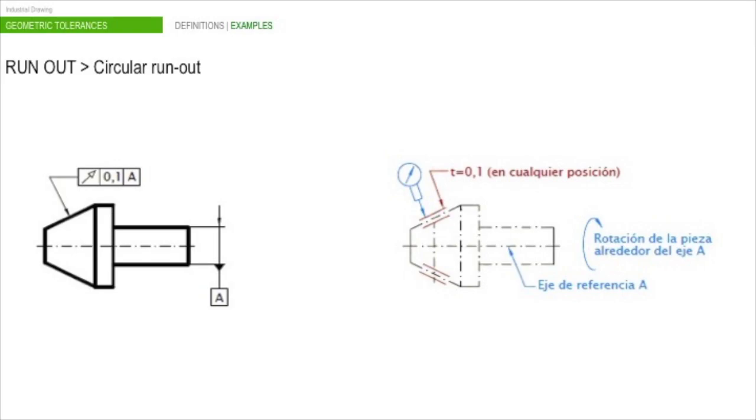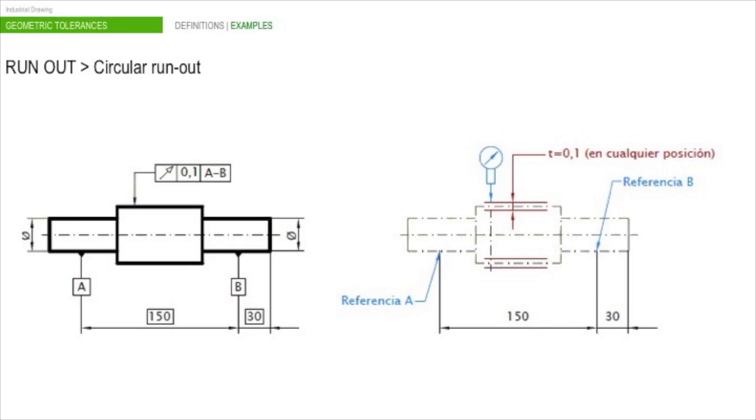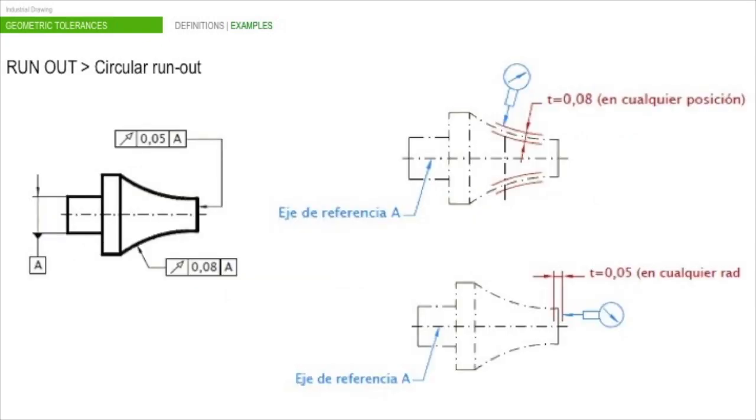Run-out tolerances control the relationship of a feature relative to a datum axis established from one diameter or two diameters separated axially. Circular run-out controls the cumulative variation of circularity and coaxiality for features constructed around a datum axis and circular elements of a surface constructed at an angle not parallel to the datum axis.